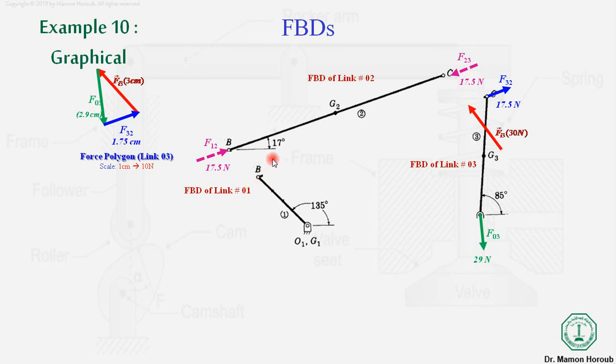Once we know the value of this force, we can easily find the value of torque that should be applied to link 1. So this is how we move from the output link to the input link, and we were able to find the inertial forces, the reaction forces, and also the input torque.